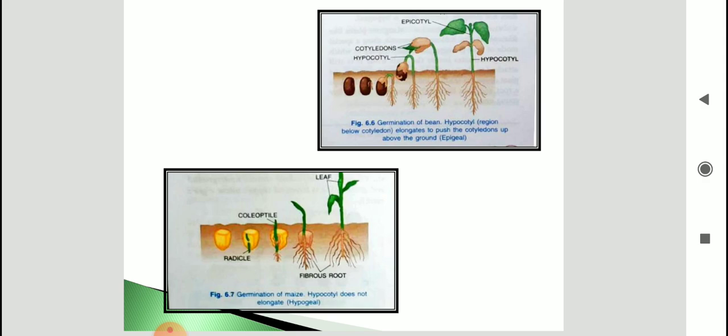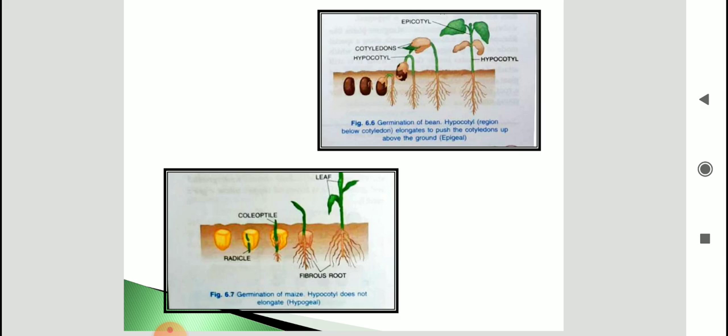Once the seed coat ruptures, then the radicle emerges out. In the third sequential diagram, children, you can see how the radicle has emerged and it has grown and formed the primary root. In the fourth diagram, you see the hypocotyle elongation takes place. So the hypocotyle elongates, it straightens, and cotyledons are pulled into the air.